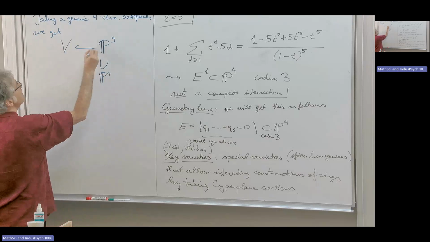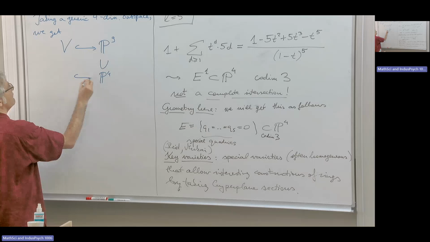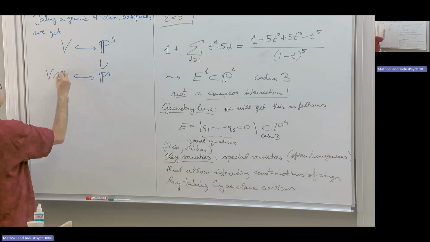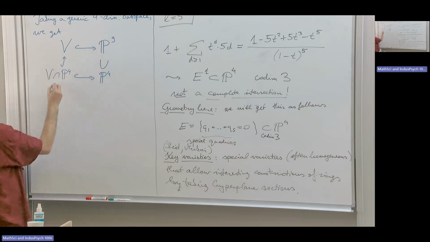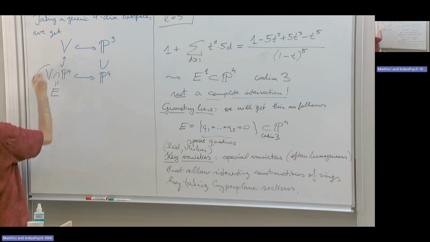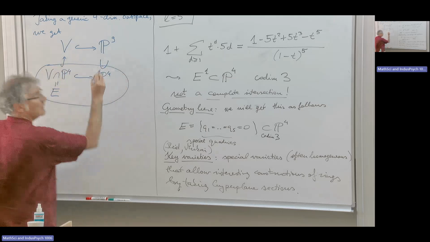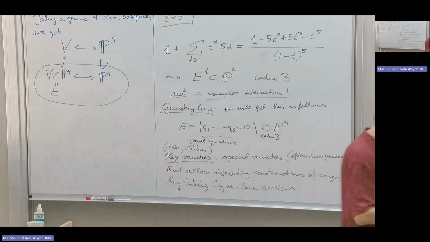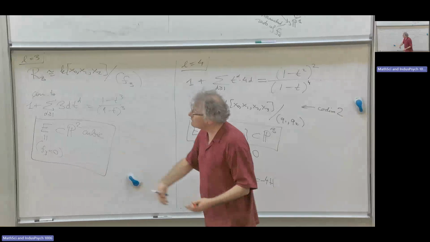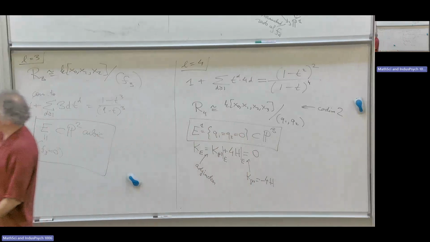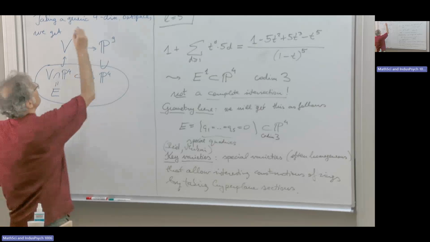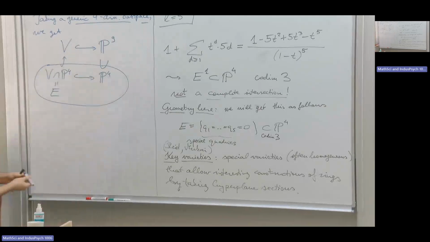Here I have V, and then here I have the intersection with P4, and this is our elliptic curve. So this is the embedding that we are studying. So you can get this embedding by taking this higher dimensional variety and then cutting it down just by linear subspaces. So these are generic 4-dimensional subspaces.